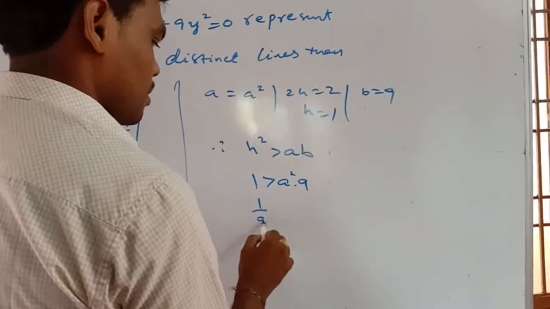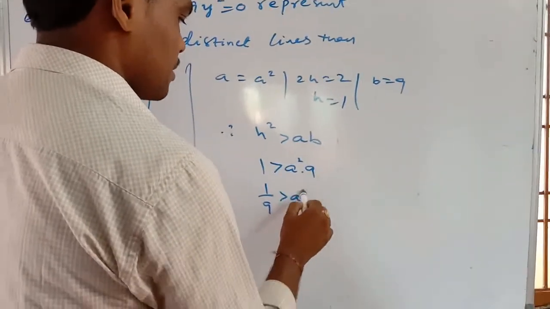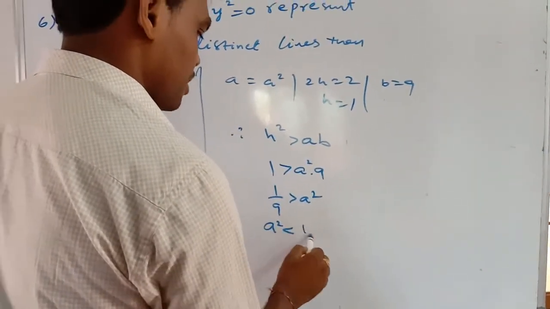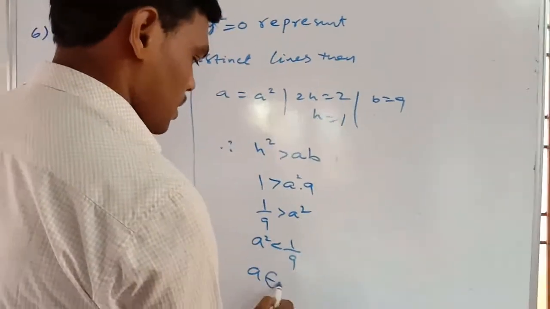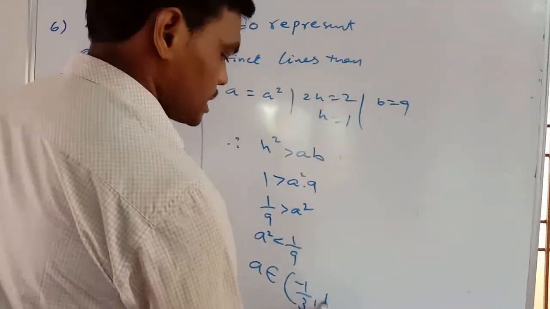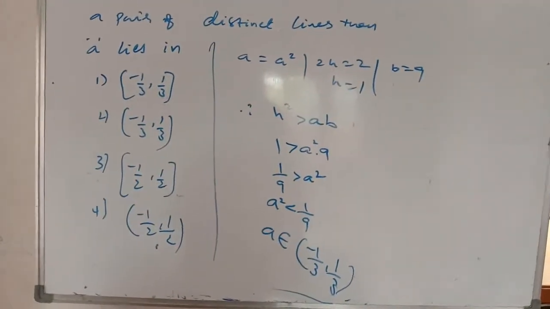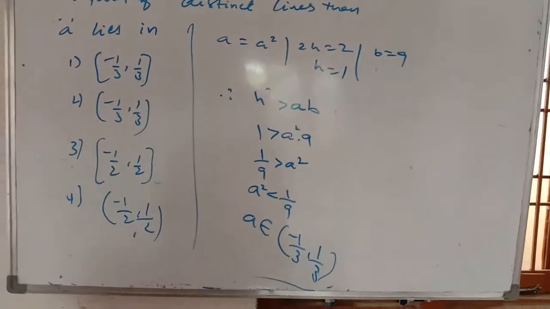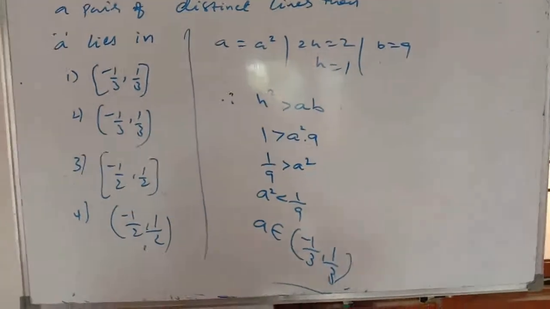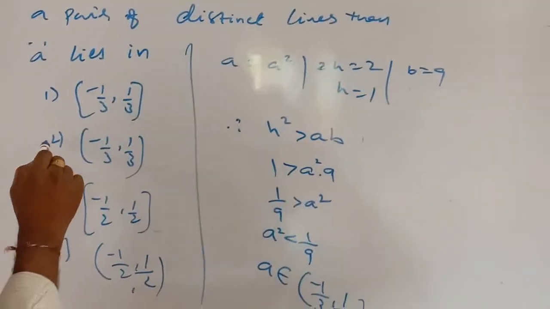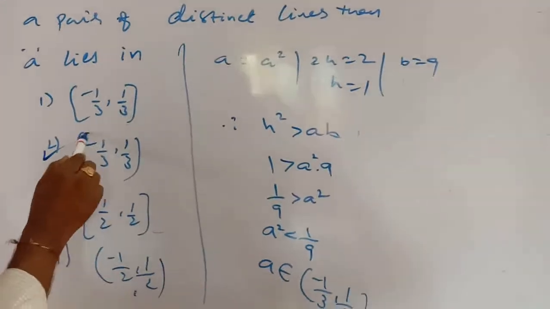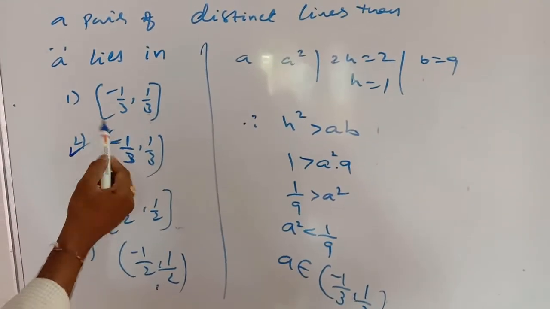Now 1 by 9 is greater than a square, so a square is less than 1 by 9. Here a belongs to the open interval minus 1 by 3 comma 1 by 3. The second option, minus 1 by 3 comma 1 by 3.